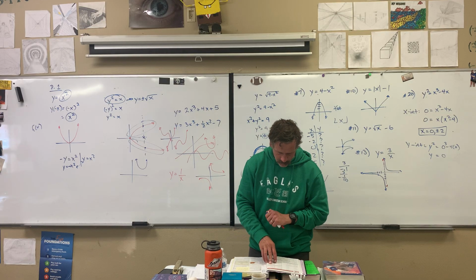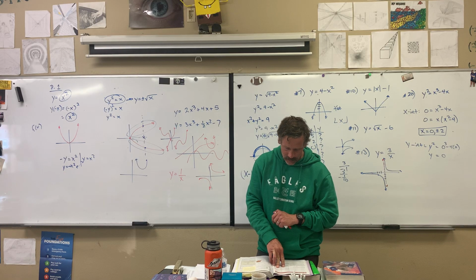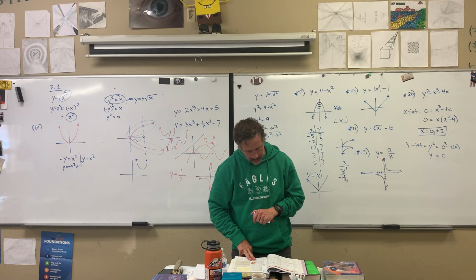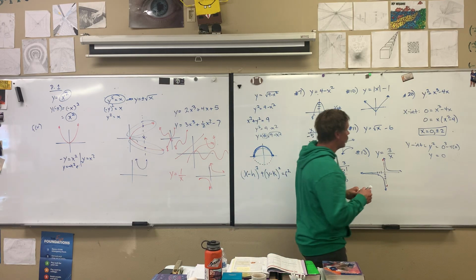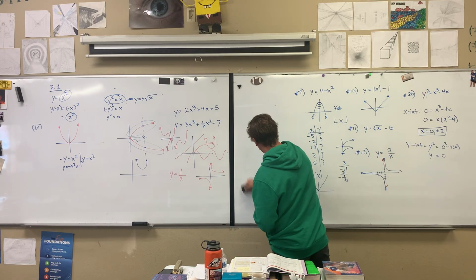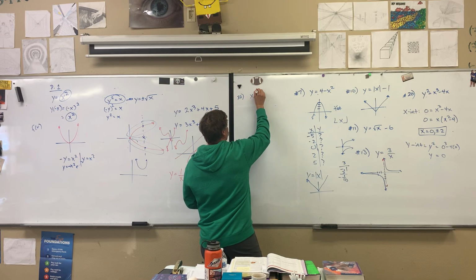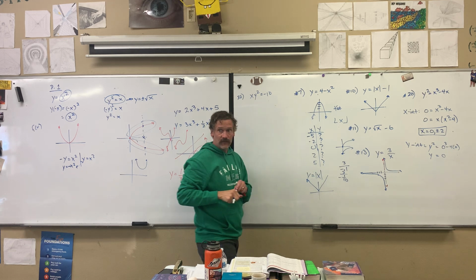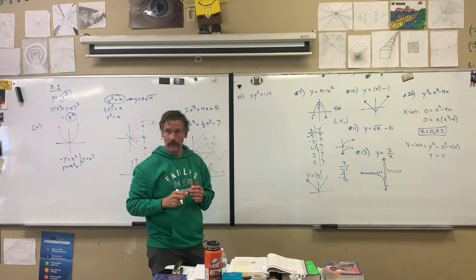Now, when we go over to 27 through 38, it says test for symmetry with respect to the axes and the origin. So if you look at something like 32, x y squared equals negative 10. To test for symmetry in the y-axis, what do we do?